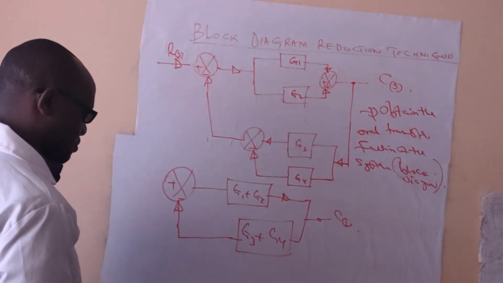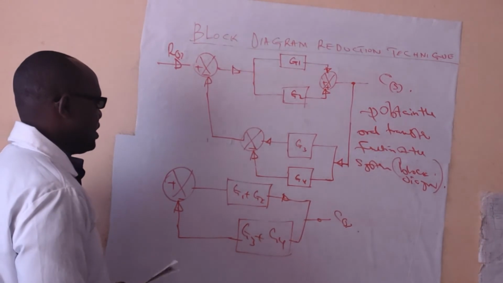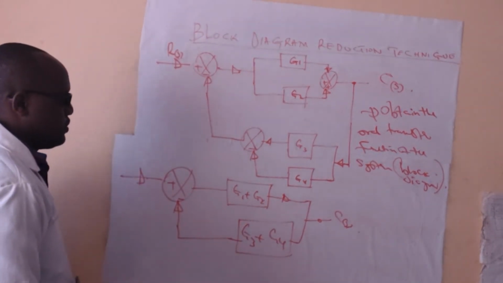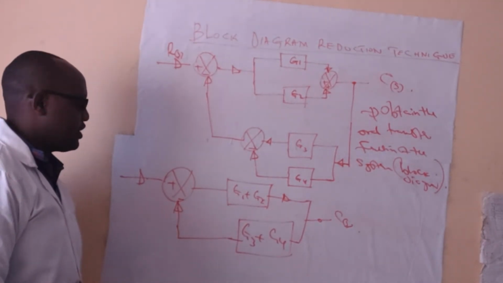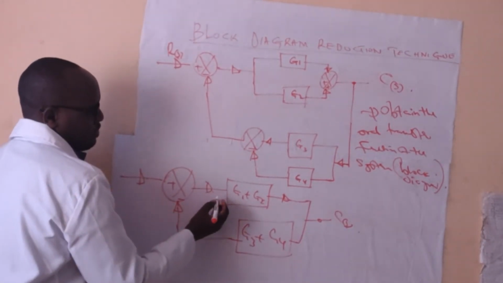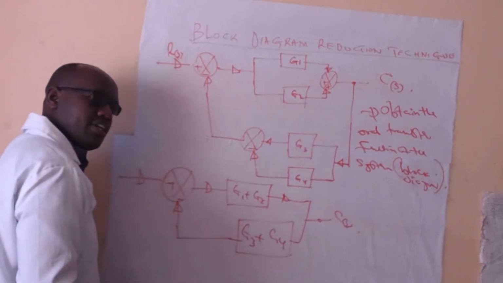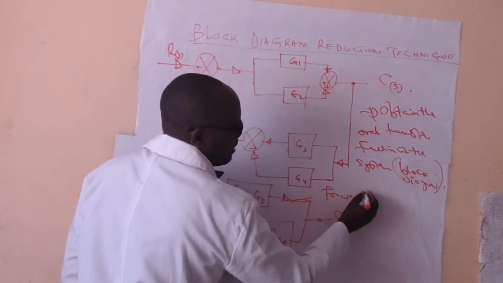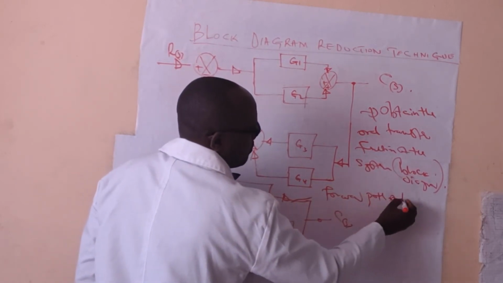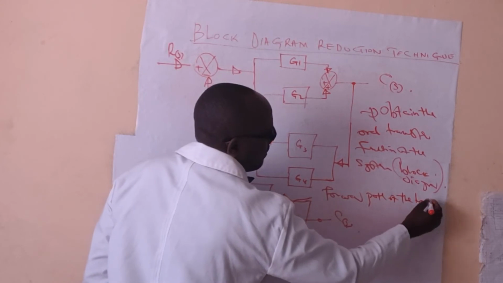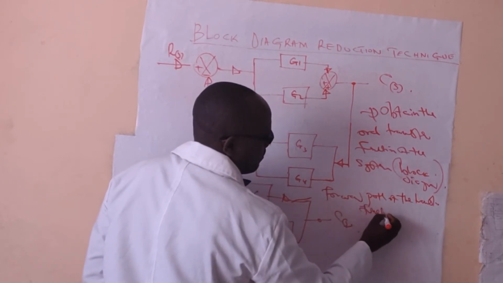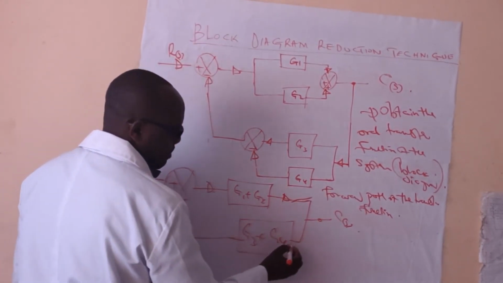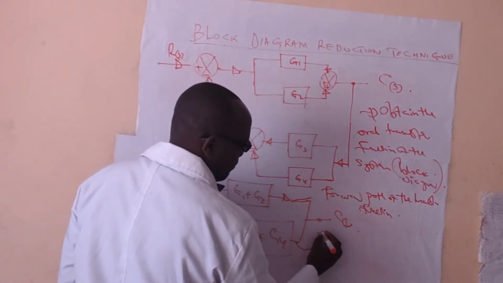From there we are supposed to further reduce. This one forms the forward part of the transfer function, and this one forms the feedback loop.